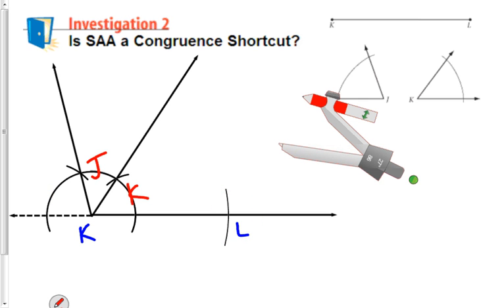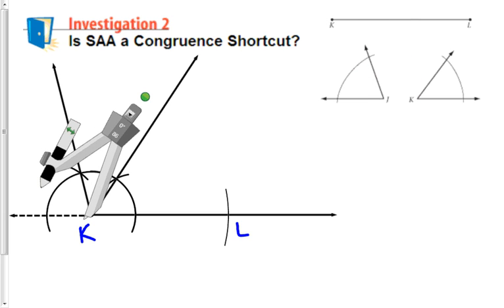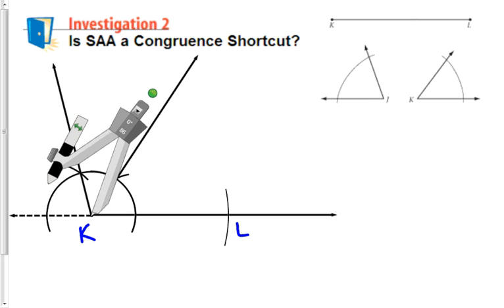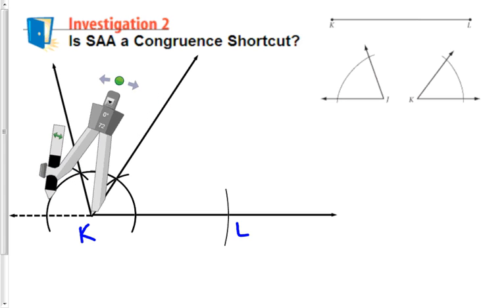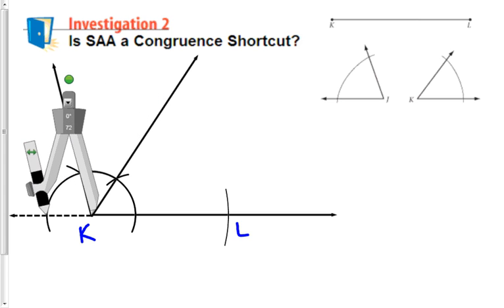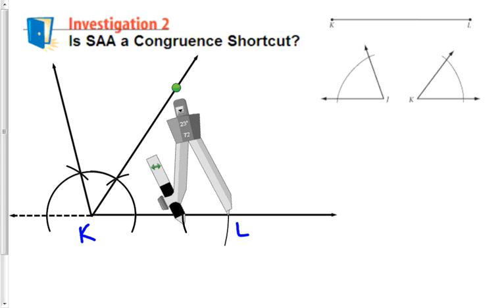So let's duplicate it. So I take my compass and I come over and I measure from the vertex out to the arc, and put my compass on point L and I strike that arc.